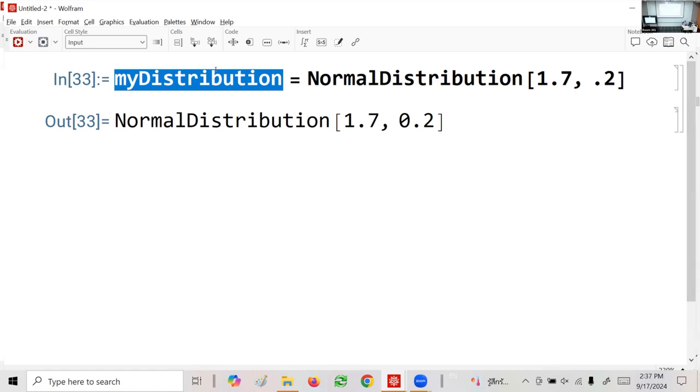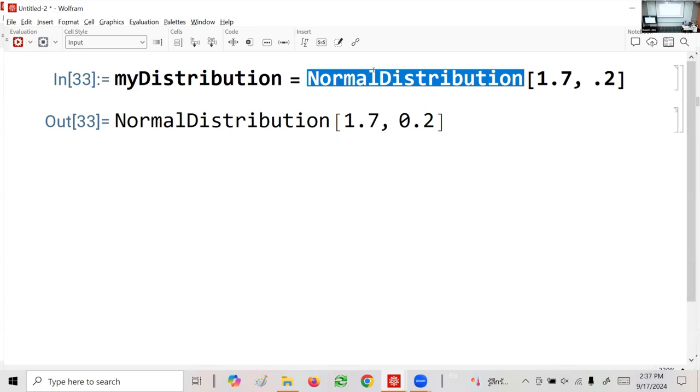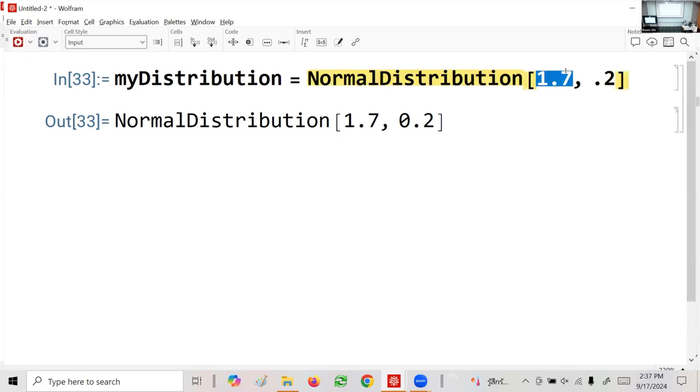So now imagine in your head, you see this normal distribution, so you think of the bell curve. This is the mean. The mean is 1.7 meters. So this is a height distribution, and the standard deviation is 0.2.